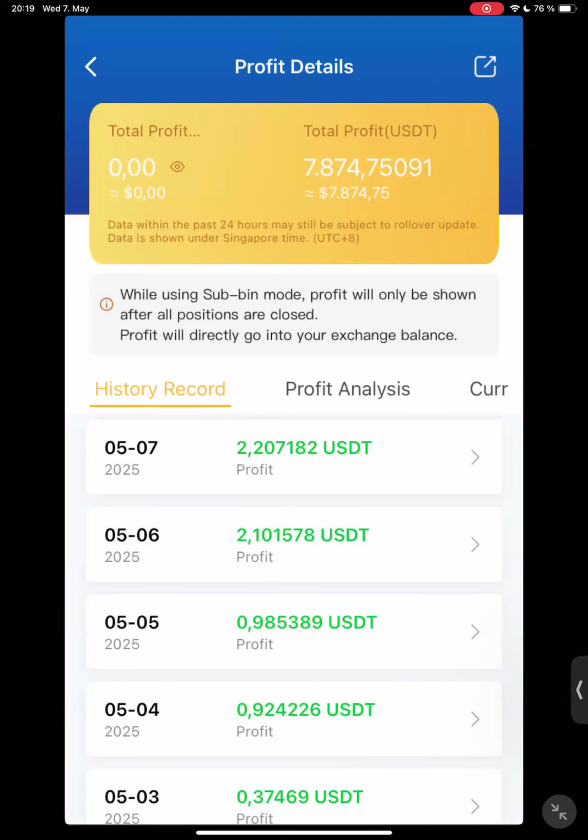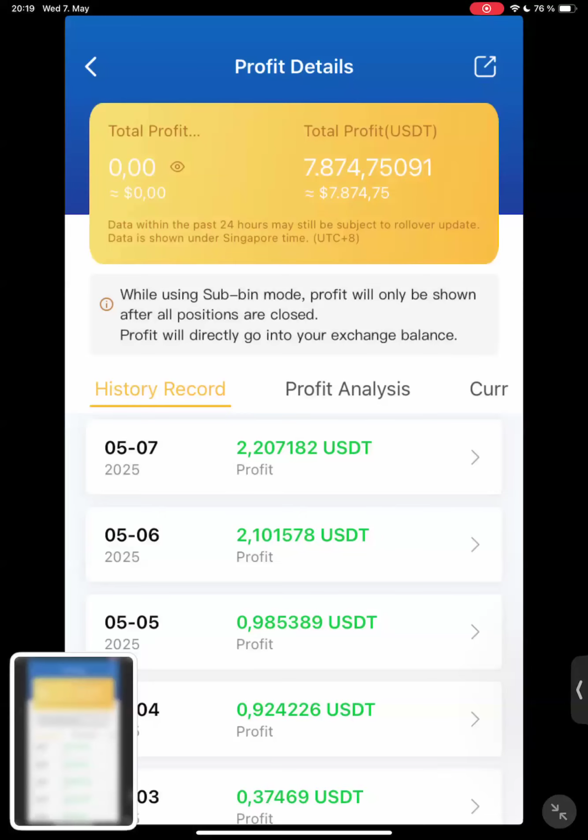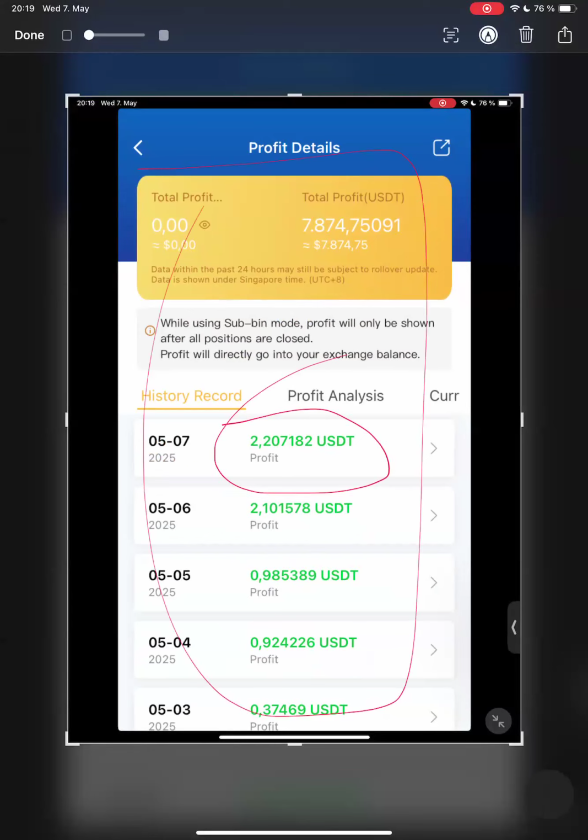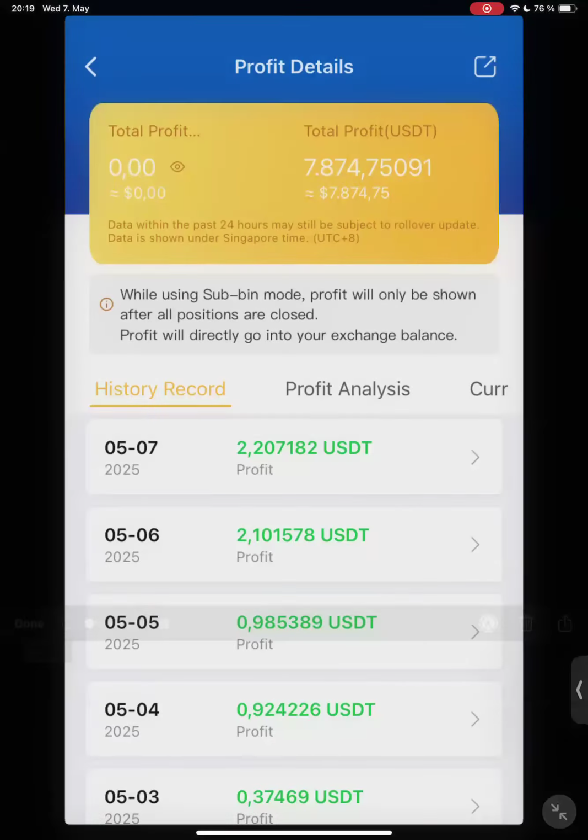So the profit that you make that is recorded here, it's just a record for you to see that, oh, okay, this is what I made today. This is what I made the day before yesterday. But the real profit goes directly into your exchange. RoyalQ just helps you to display it so that you see.